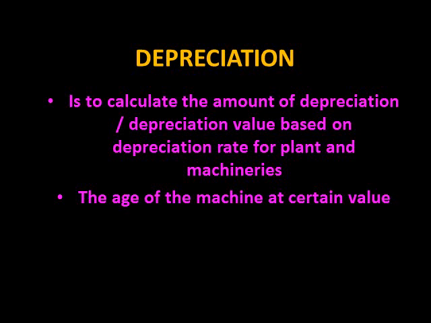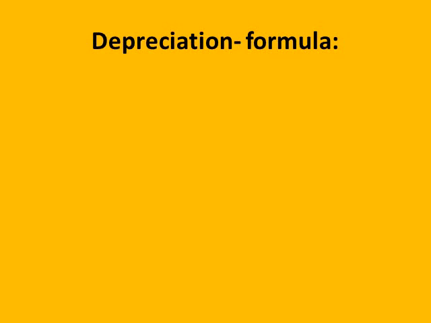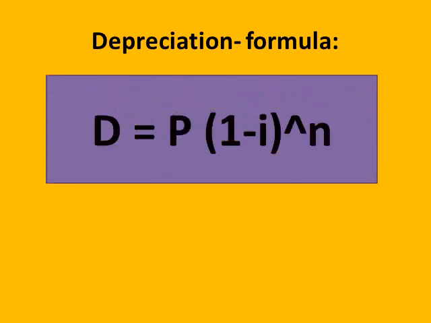Next, we will look at the formula. D is the depreciation value, P is the price. So depreciation value equals price times 1 minus I, where I is the depreciation rate, to the power of N, where N is years.